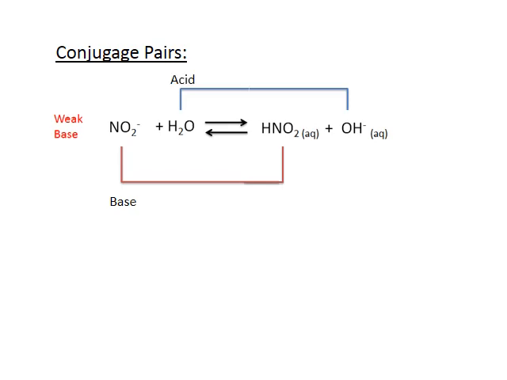So it's behaving like an acid. So the opposites are at the other ends of those lines. So HNO2, nitrous acid would be my conjugate acid. And then hydroxide would be the conjugate base of that acid, of the water. And that's it.